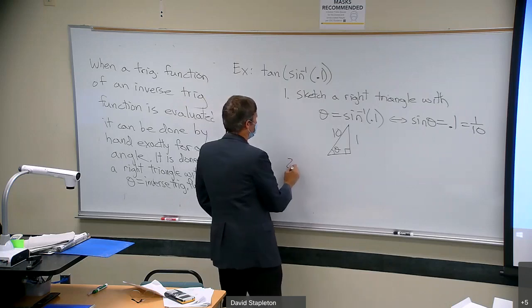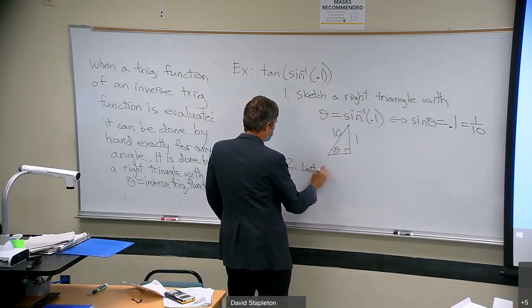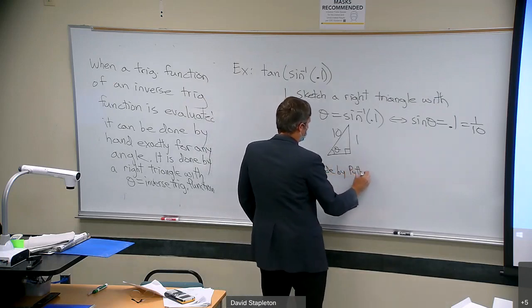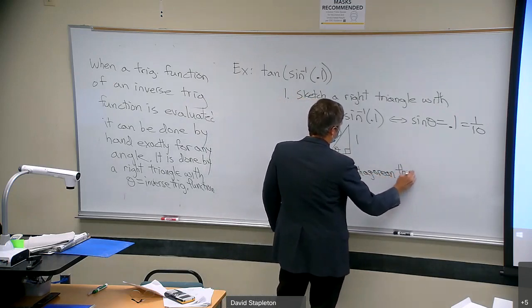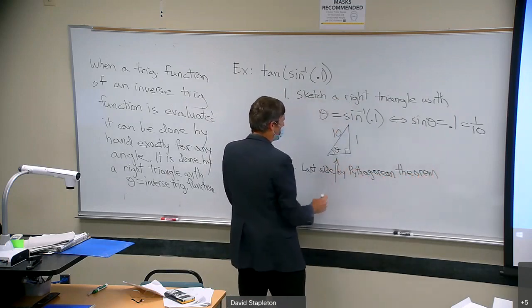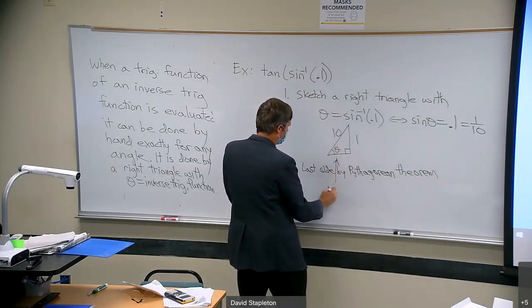Now, the second step is to get the last side by the Pythagorean theorem. Got two sides of a right triangle. This always works to find the last side. What is the last side? Well, it's a leg, so it's the square root of hypotenuse squared minus leg squared.